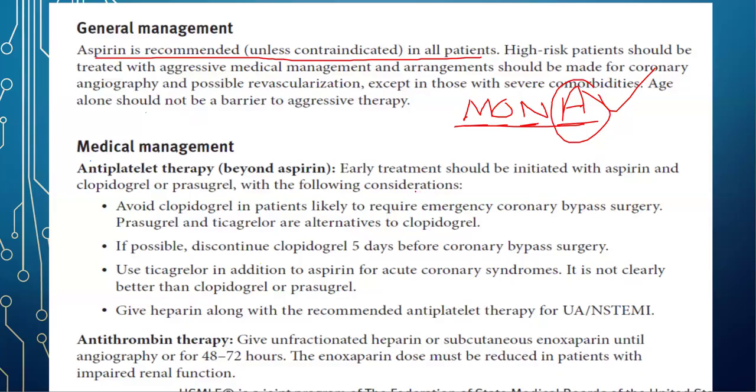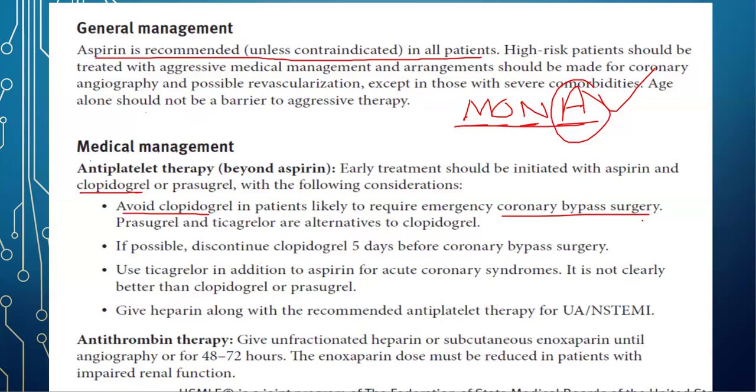Apart from aspirin, sometimes we can also add clopidogrel in these patients, but we will avoid clopidogrel or any blood thinner in patients who are likely to go for an emergency coronary bypass surgery. Like a patient who has ST elevated MI, you would not start them with clopidogrel or any other blood thinner because that patient will go to emergency coronary bypass surgery.